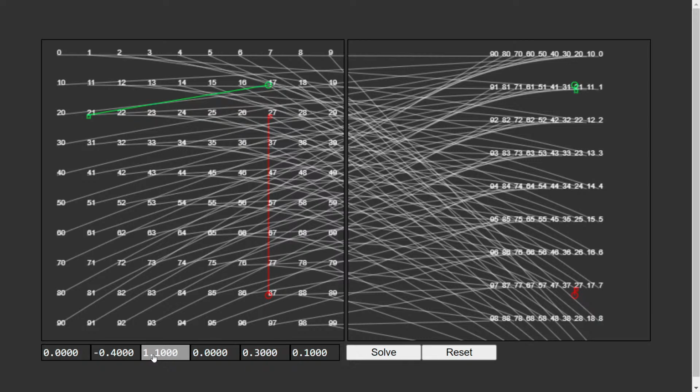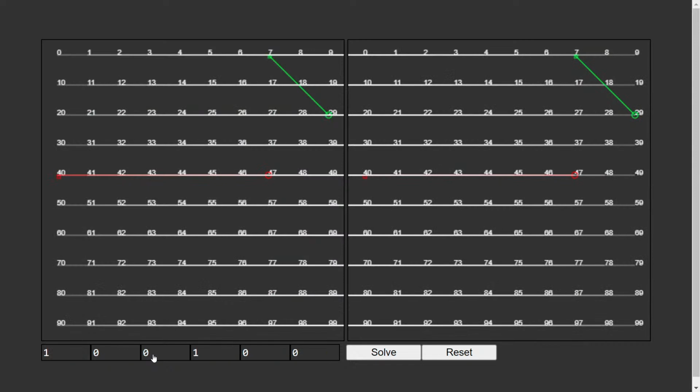Okay. Alright, let's do another one. Yeah, this one's hard to see, but this has to go over there. That's not... Well, you know, like the last one we used Adam to give us a hint on the first move, so let's just do that.